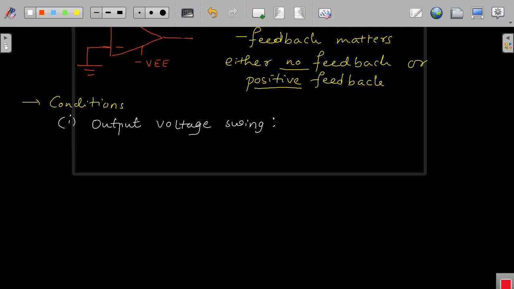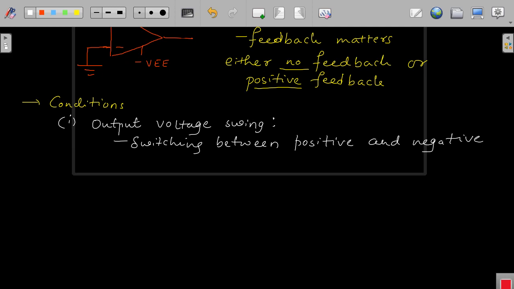All those things are supposed to be known to us very clearly, right? So the switching generally takes place between positive and negative saturation values. You know what exactly we mean by the saturation values, right?